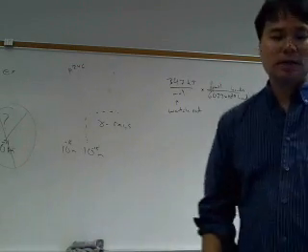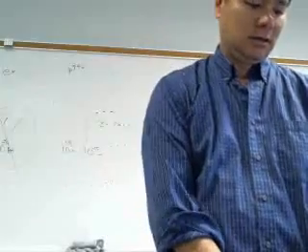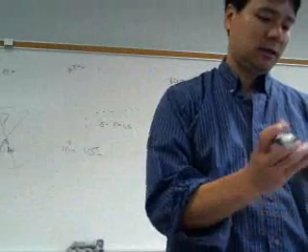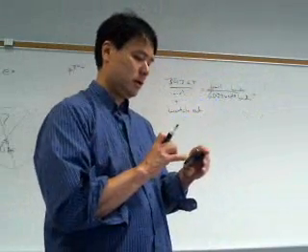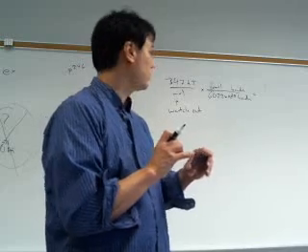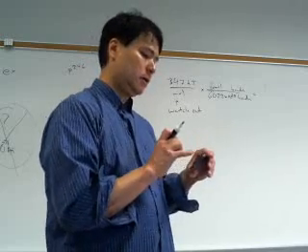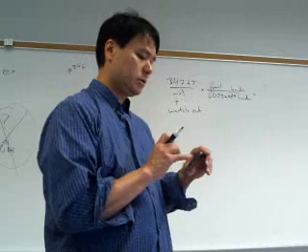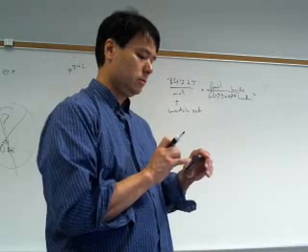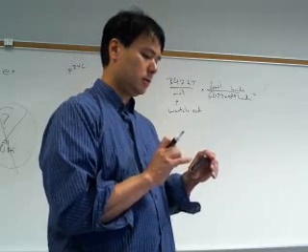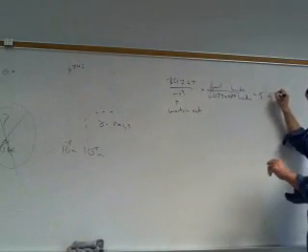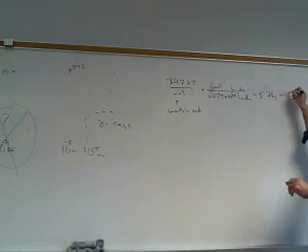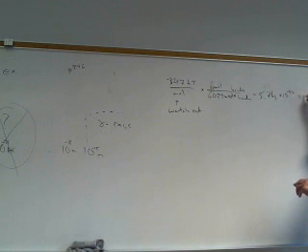Can somebody punch this out? Or I'll try. 347 divided by Avogadro's number, 6.022 times 10 to the 23rd, equals 5.762 times 10 to the minus 22 kilojoules per bond.